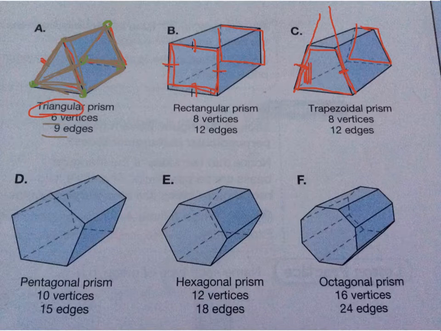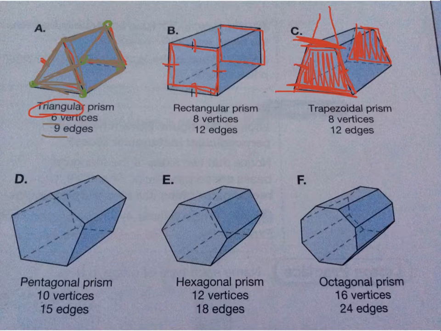This side right here is never going to run into this side right here. So that's why we would say they are parallel and congruent bases. It's a trapezoid shape, which we've talked about before, has one pair of parallel lines, which in this case, this line right here and this line right here are your parallel lines, and a set of non-parallel lines. So that would be a trapezoidal prism.